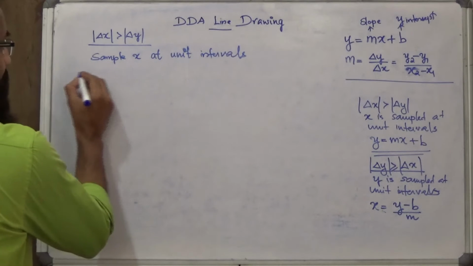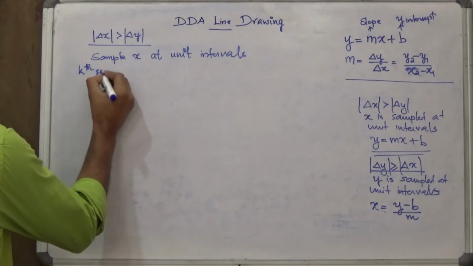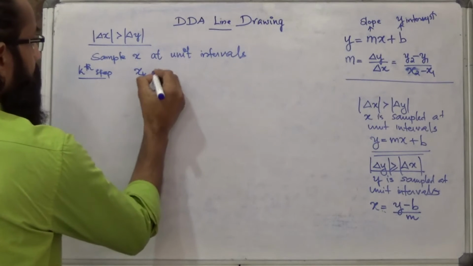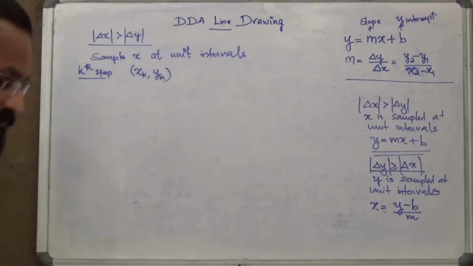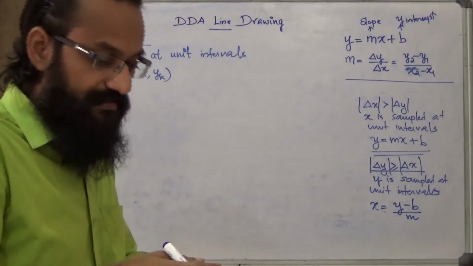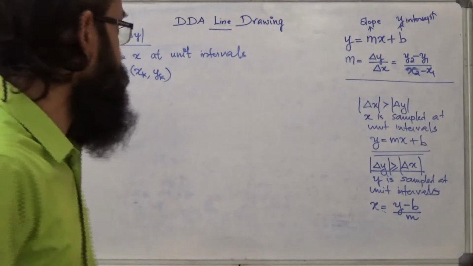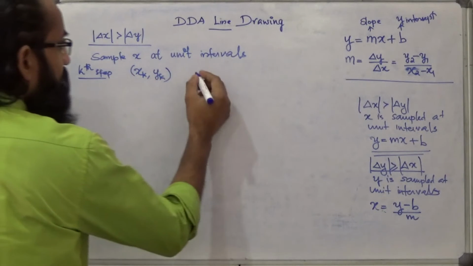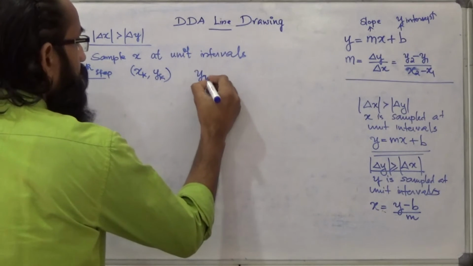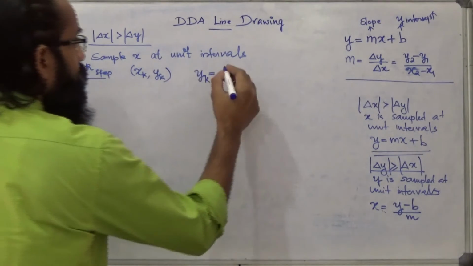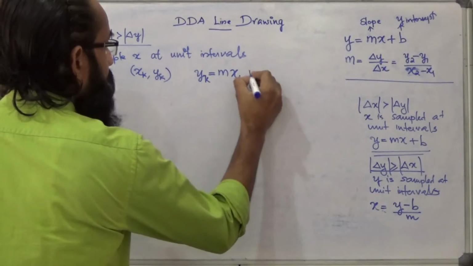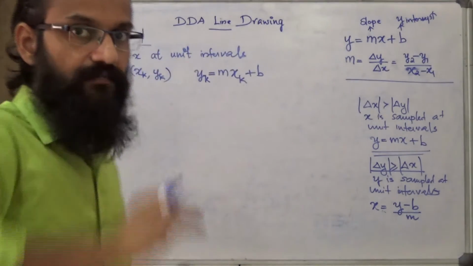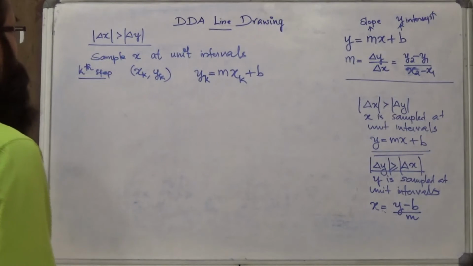Assume that at the kth step we have plotted the point xk, yk. So at some point at the kth step we have determined the corresponding pixel position xk, yk. And this particular point will satisfy the equation yk equals m xk plus b, because xk, yk is on the line path.